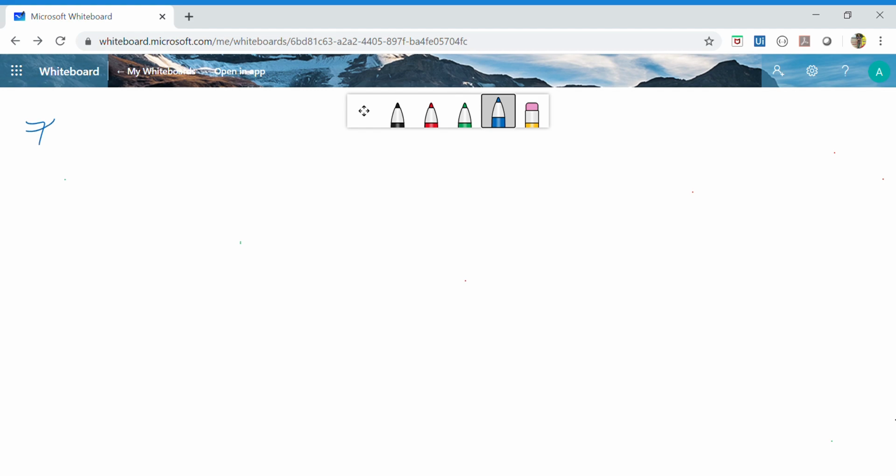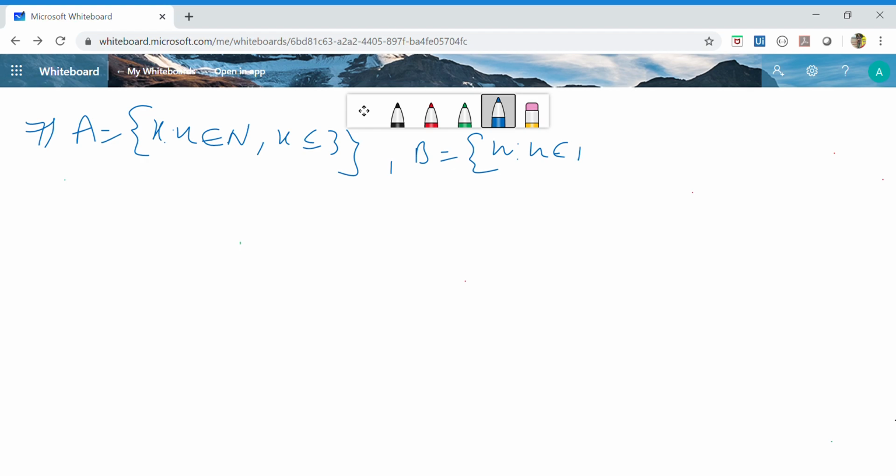Next. Seventh question. If A is equal to x such that x belongs to N, and x is less than or equal to 3, and B is equal to x such that x belongs to N, capital N natural numbers, and 4 is less than or equal to x is less than 8.